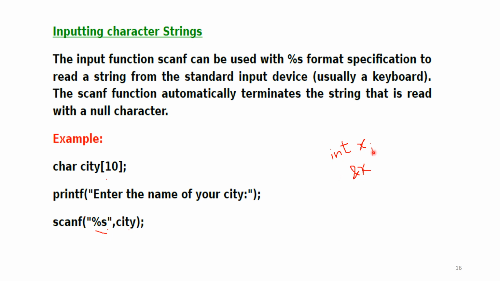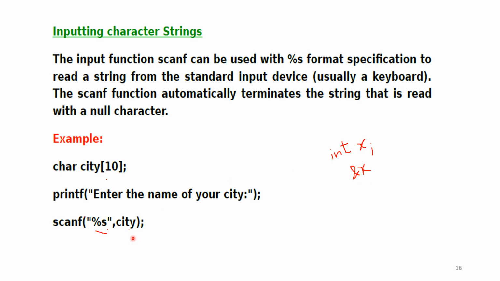And to assign an integer value to this variable x, I have to attach the address-of operator ampersand to the variable inside the scanf function. Then only the scanf function will perform its task.